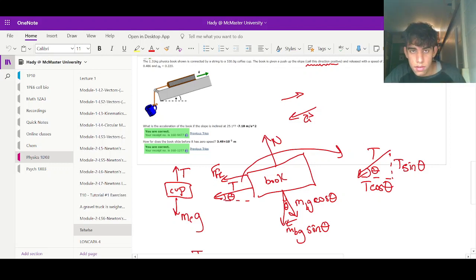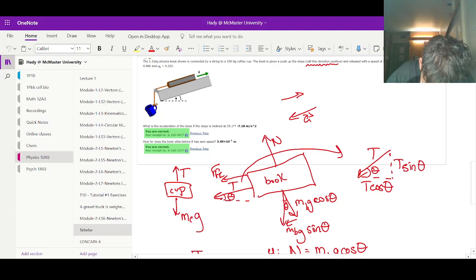So those are all of our forces in the F net, and has to equal mass times acceleration. Here's where it gets a bit tricky though. We'll start with our y direction, because that's the simpler one. We have our normal force has to equal this component of gravity here. Why is that? It's not moving off the plane, so our F net is 0. In the x direction though, we have three different forces.